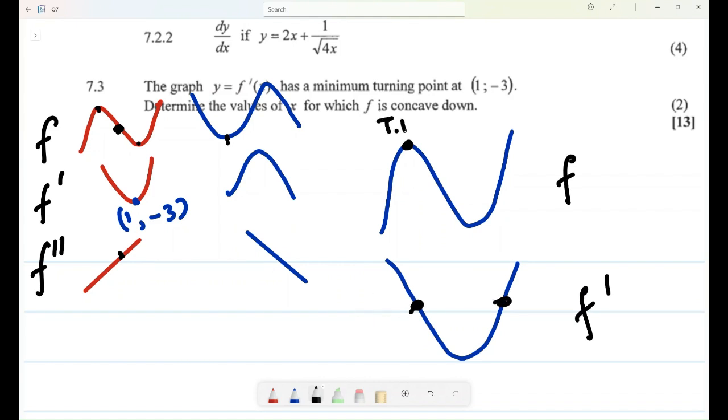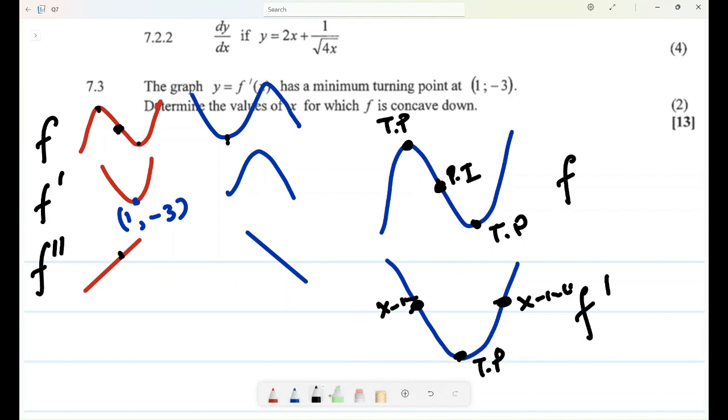If this is the turning point, it becomes my x-intercept. Then the point of inflection here becomes my turning point when I derive this.